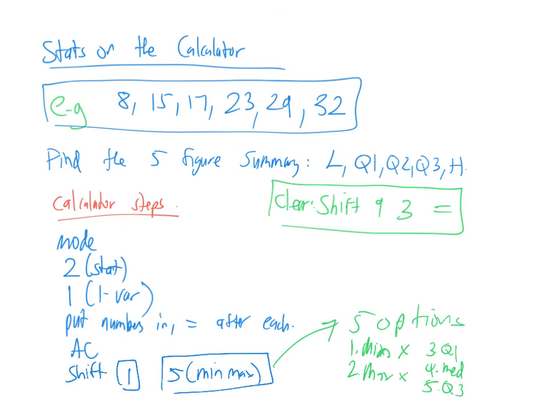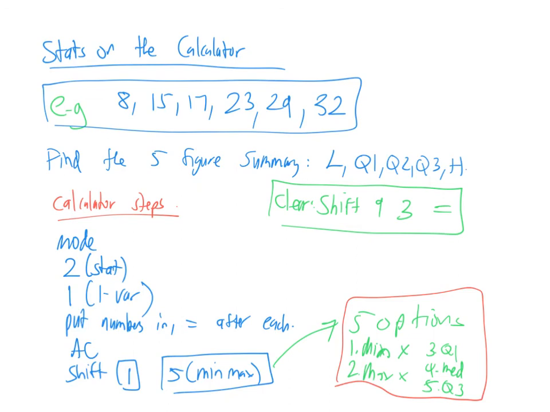So go to this screen 5 times, press equals for each of these, and you'll get your 5-figure summary of the data without having to do the calculations yourself. So yeah, pretty cool stuff. Just write down the answers.